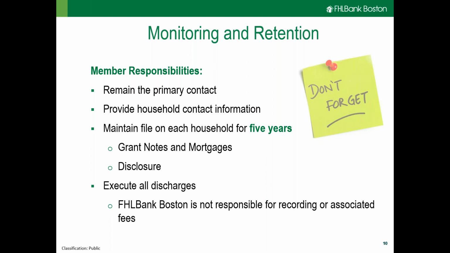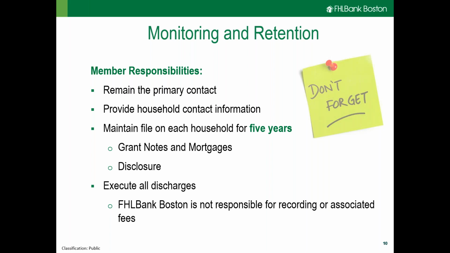So you need to maintain a file for each of your households for 5 years. We recommend copies of the notes and mortgages, as well as the disclosure, just because of the first 4 pages. If a customer ever came back and said, I had no idea that I even had this grant money, they get this disclosure at the time your institution has submitted and qualified them to be eligible for the program.